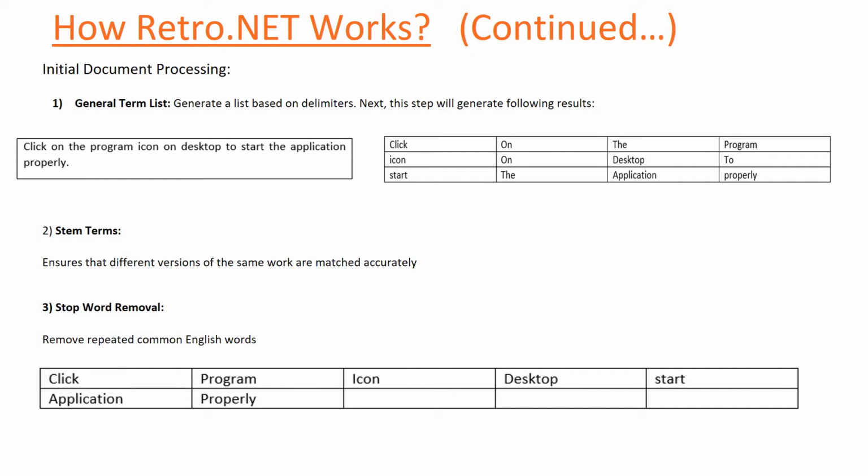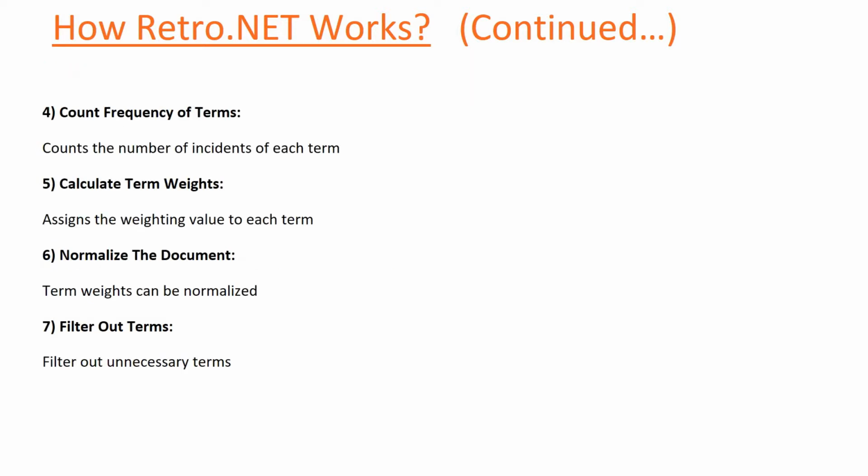Most common words such as a, the, on, all of these English words are provided to the tool, and it just removes them, so we don't have any false links between the two artifacts. Then it calculates the term frequency, how many times the word term has occurred, and it assigns a weight value to it to give the importance.